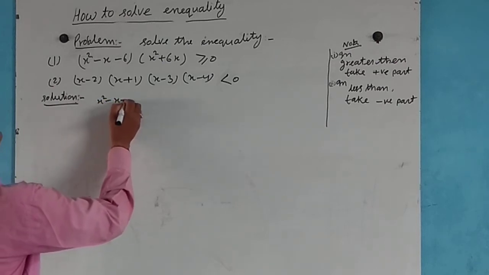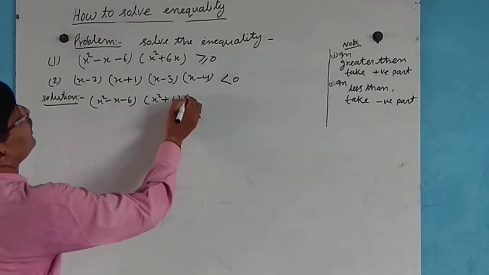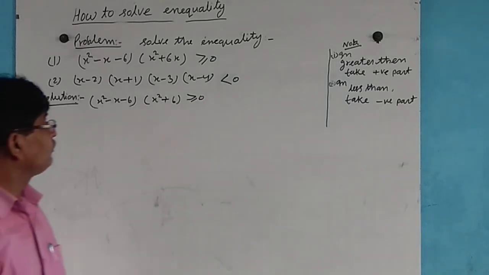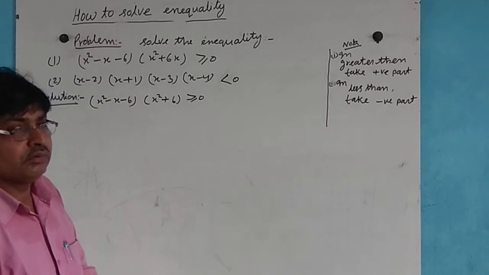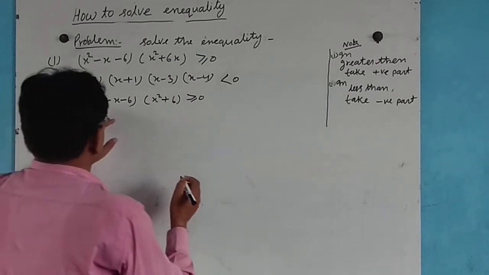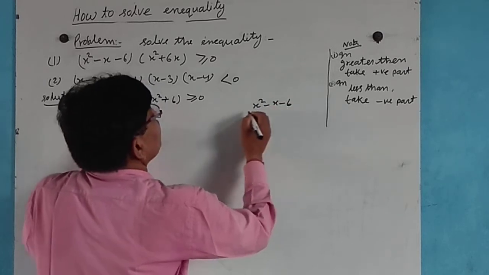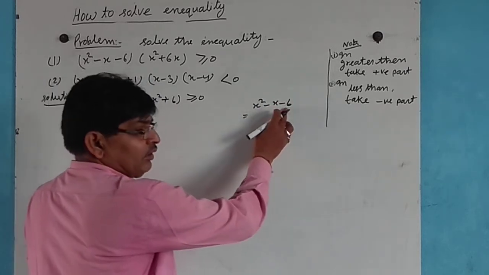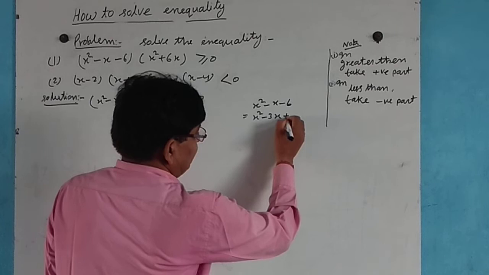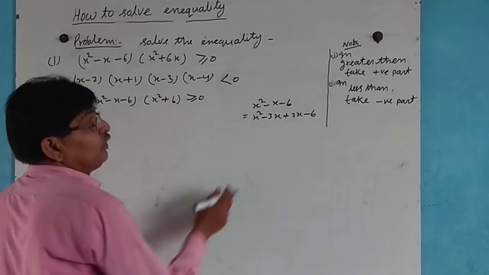x square minus x minus 6 and x square plus 6x greater than or equal to 0. First of all, we factorize this x square minus x minus 6. 3 times 2 is 6, so x square minus 3x plus 2x minus 6, minus 3x plus 2x equals minus x, no change.